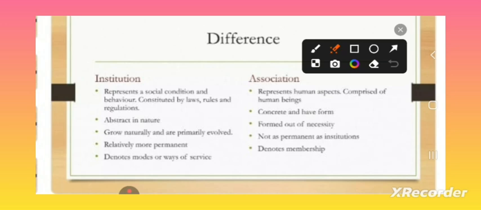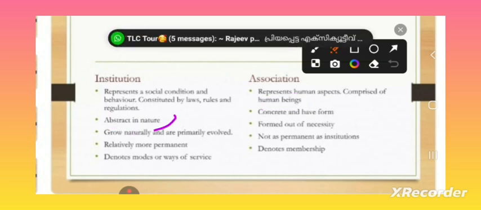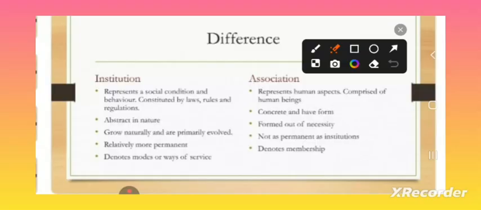An institution is abstract in nature, a system of rules and concepts. An association is concrete, like a family. It is a physical group.